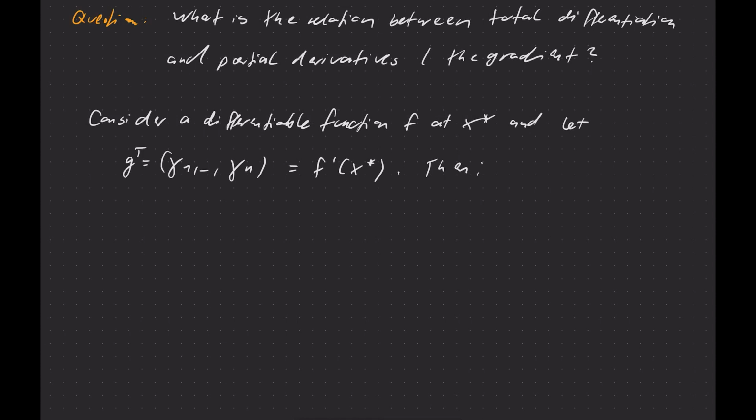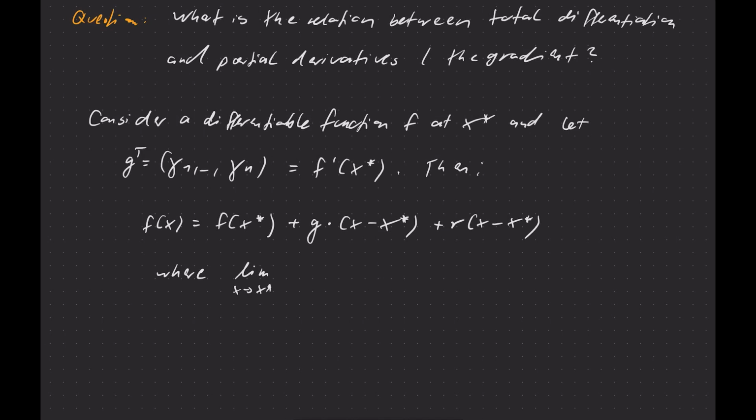Okay, then we know that by definition, f of x is equal to f of x star plus g times x minus x star, so that is the linear approximation, plus a small remainder r of x minus x star, where the limit as x tends to x star of that small remainder r of x minus x star divided by the distance, so the norm of x minus x star, is 0.